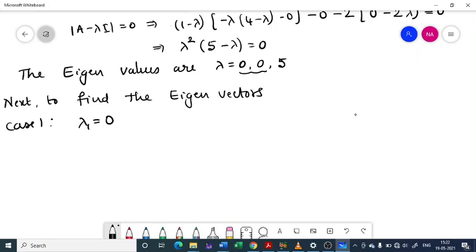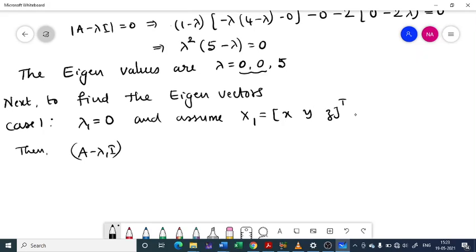So lambda 1 equal to lambda 2 equal to 0 you can take, or simply just take lambda 1 equal to 0. So two distinct roots, and assume X1 equal to x, y, z transpose. Then (A minus lambda 1 I) times X1 equal to 0 implies, here lambda is 0, right? So A X1 equal to 0.